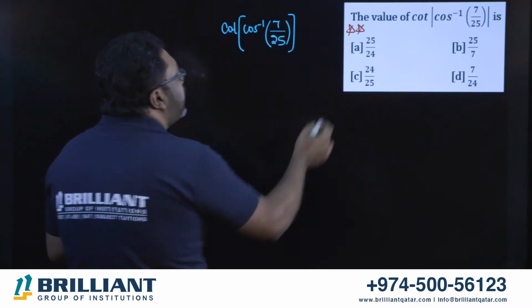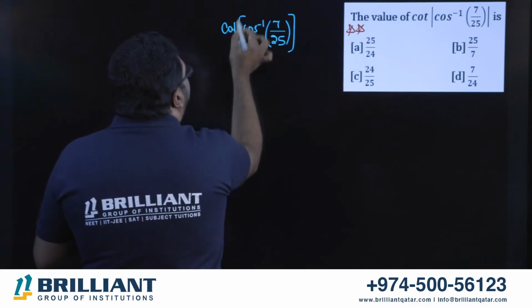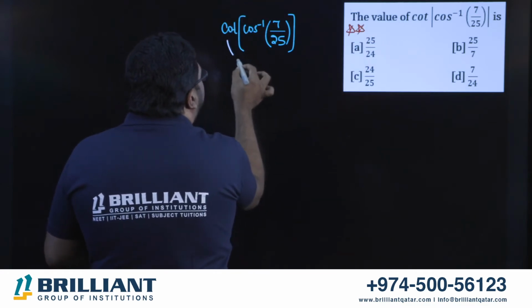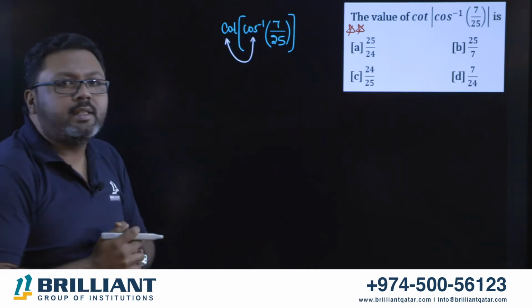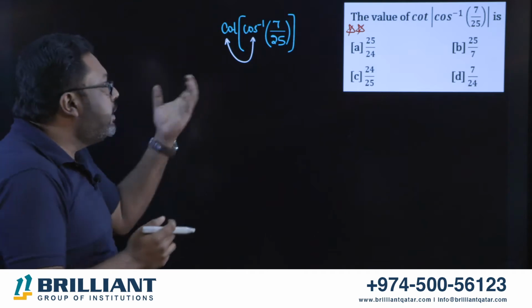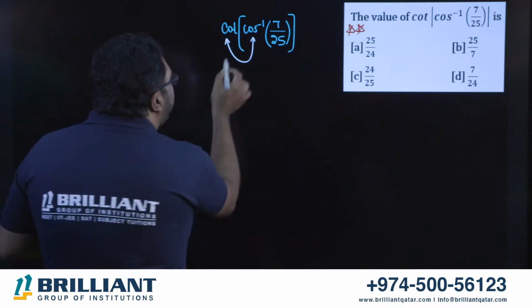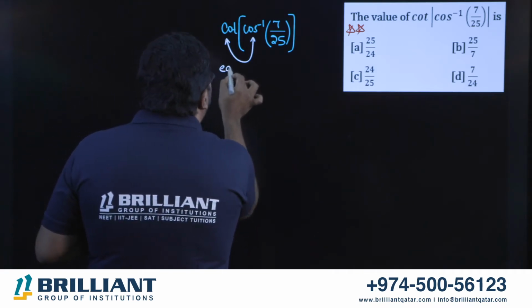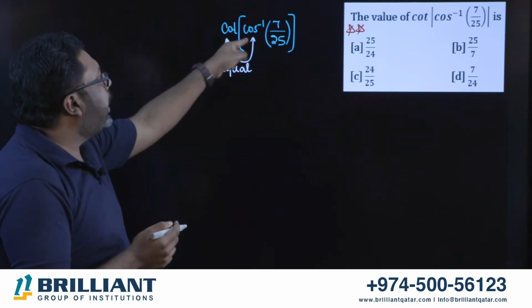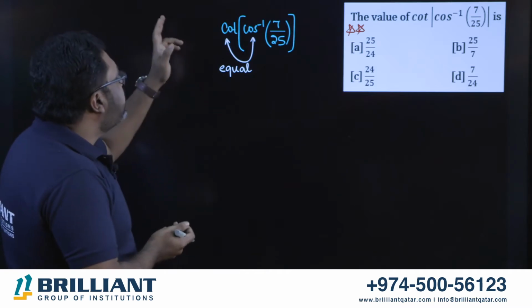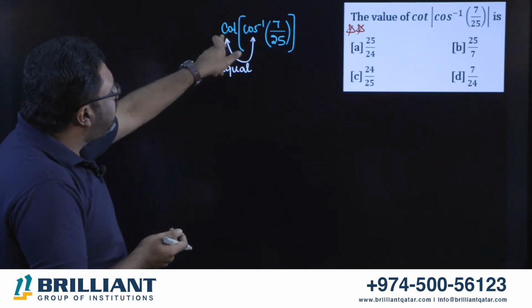You can see that in this question, you have a trigonometric function and an inverse trigonometric function coming close to each other. To simplify such an expression, you have to make both of them of the same category. If this is cot, that also should become cot inverse. If this is cos inverse, you can make this cos.